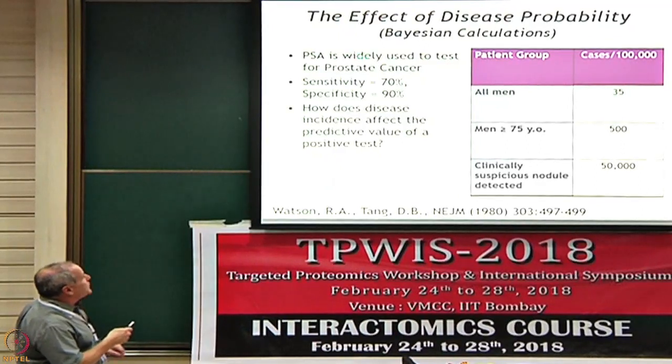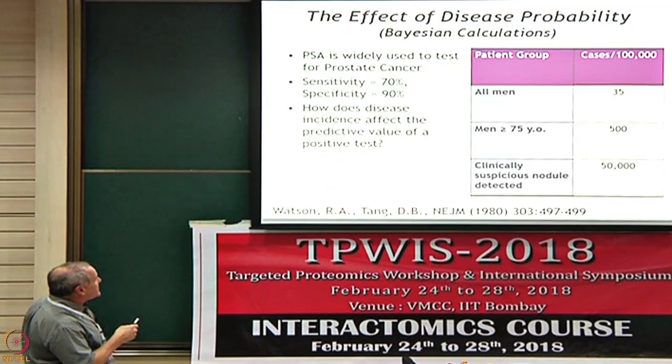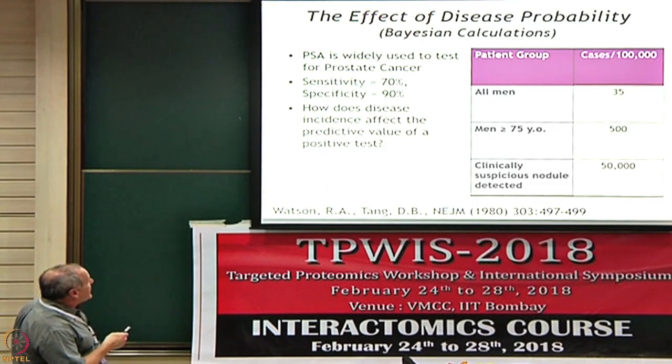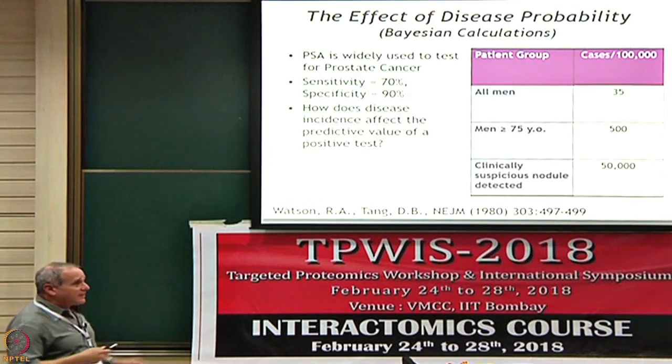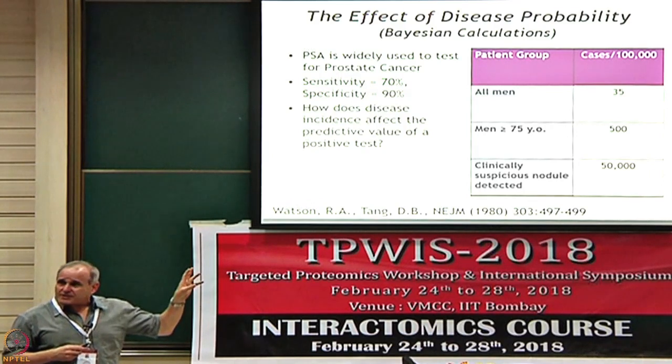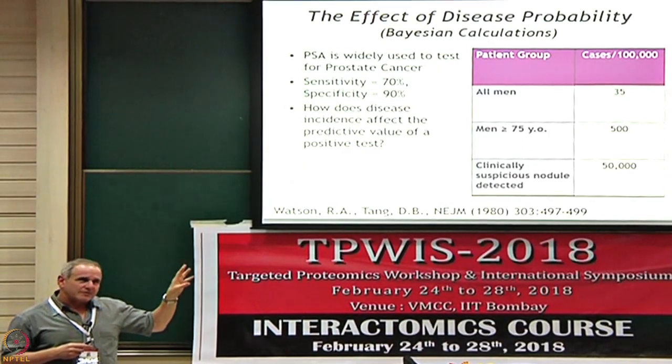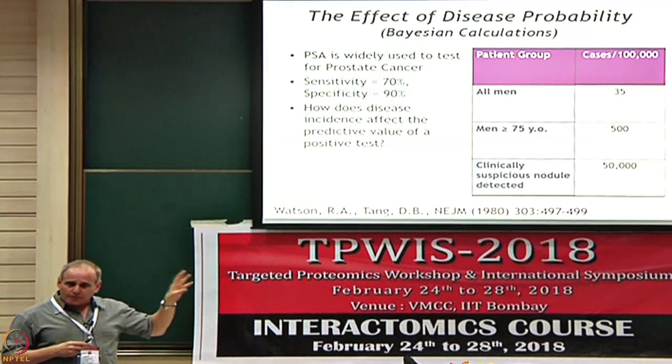And we're going to use as an example the prostate-specific antigen test. This is a very common test used to detect prostate cancer. It has a sensitivity of around 70% and a specificity of 90%. That's one of the best values you'll see anywhere. That's a pretty typical marker. When I told you before, when people publish 99% and 99%, you don't believe it.